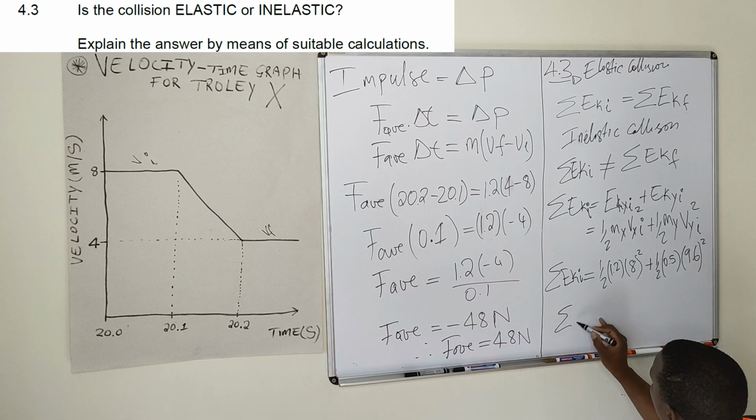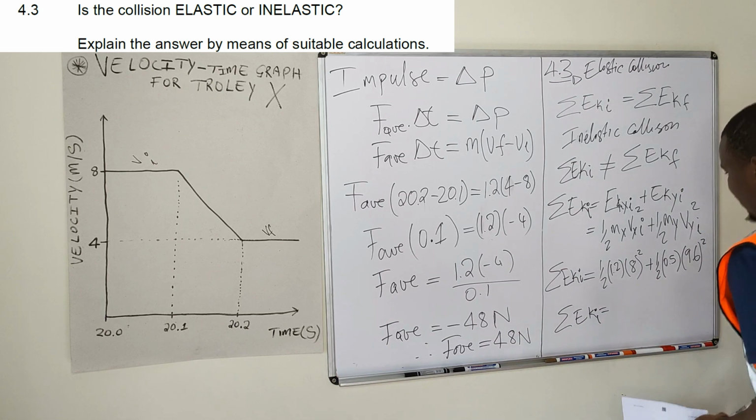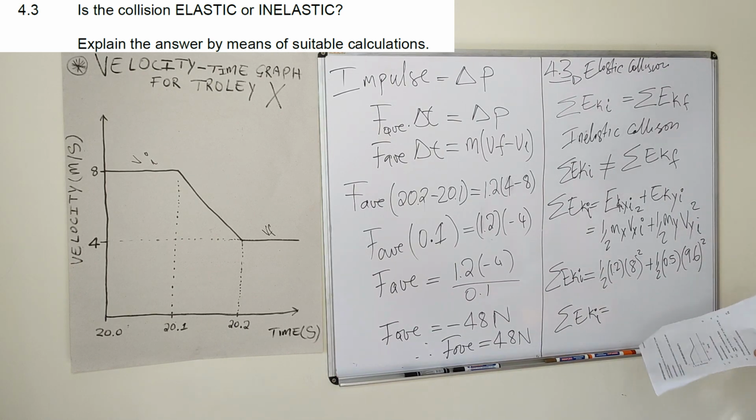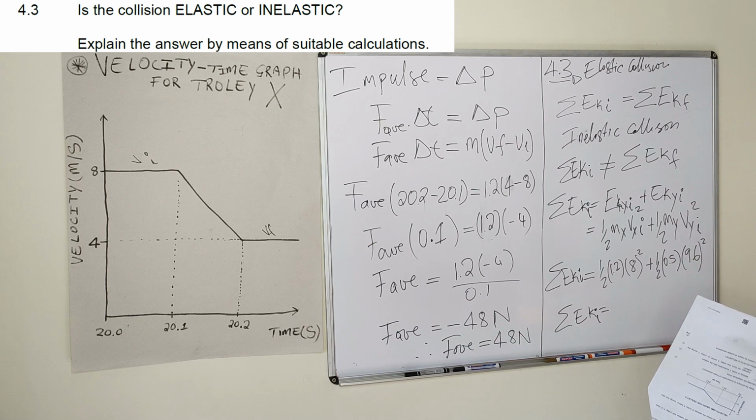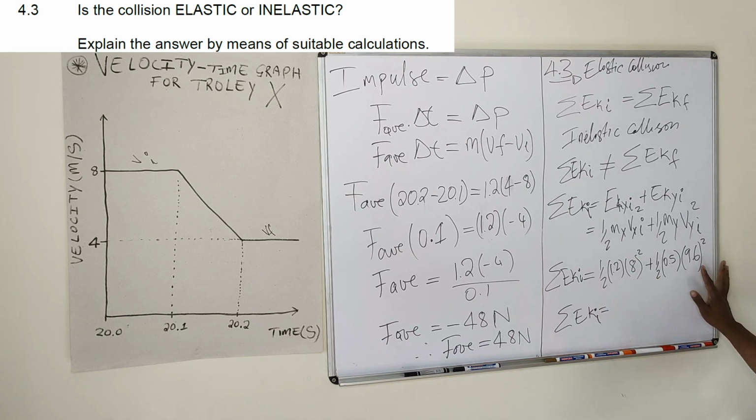So the sum of the initial kinetic energy is equal to this. You add this in a calculator. Half of 1.2 times 8 squared plus, actually sorry, this was 0 here. The initial velocity of trolley Y was 0.